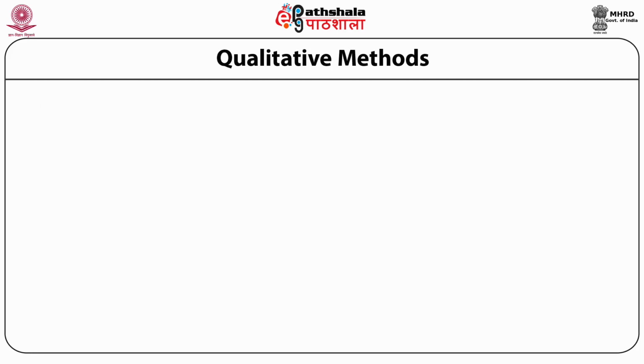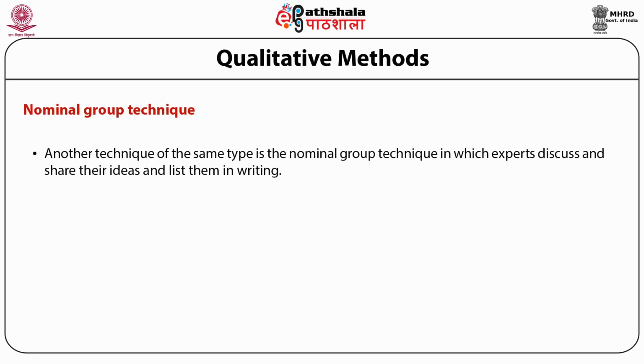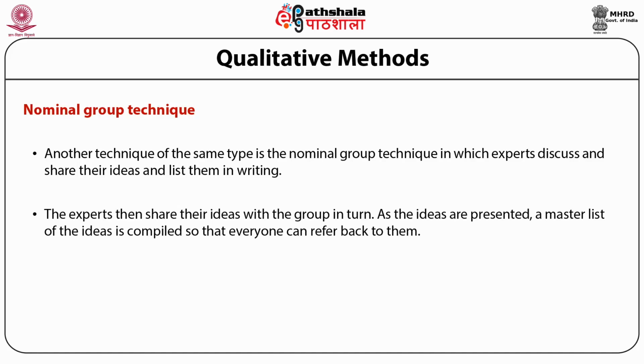In this, we will discuss the nominal group technique. Another technique of the same type is the nominal group technique, in which experts discuss and share their ideas and list them in writing. The experts then share their ideas with the group in turn. As the ideas are presented, a master list of the ideas is compiled so that everyone can refer back to them.